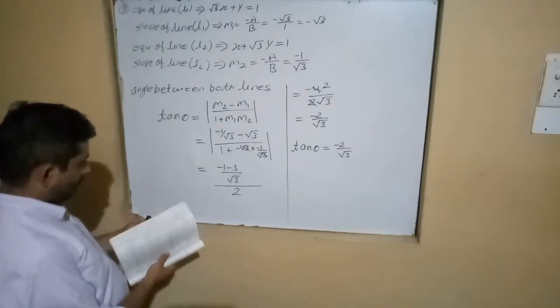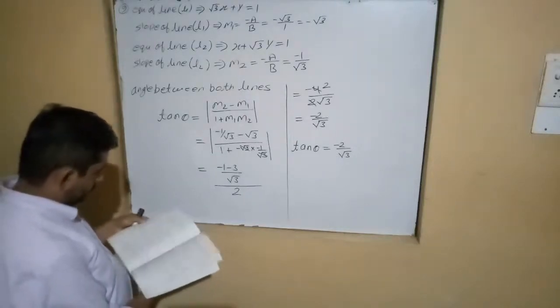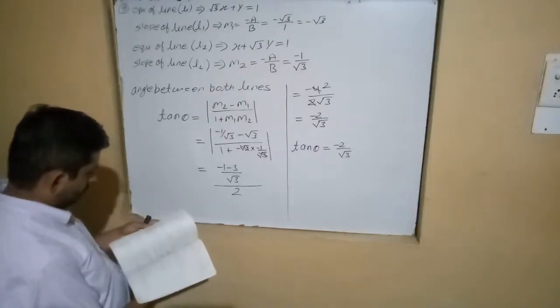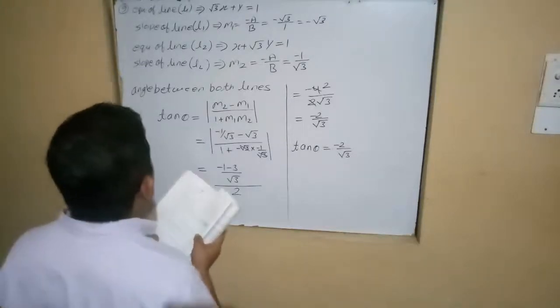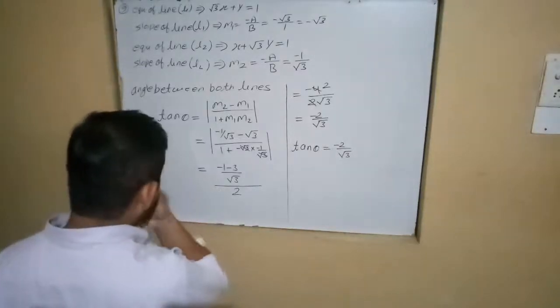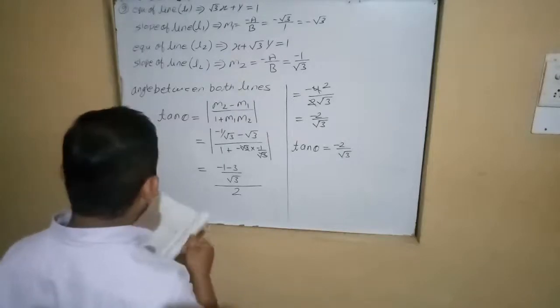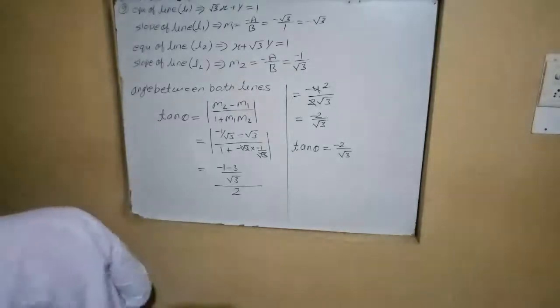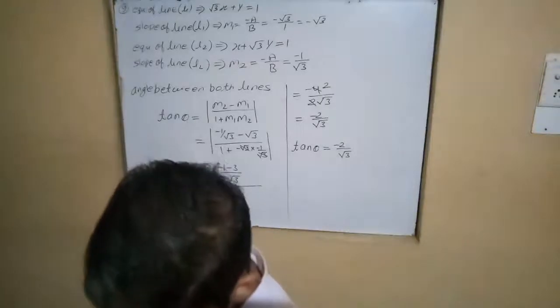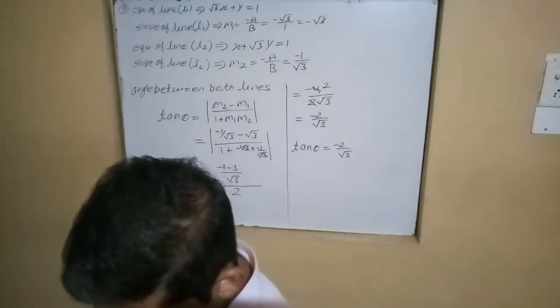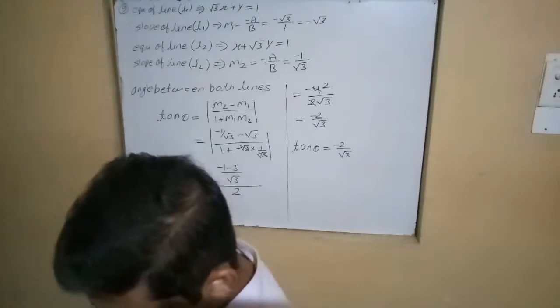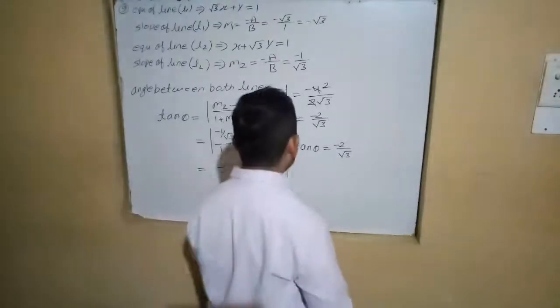Angle between the lines. There will be a small mistake here, right? m1 m2, 1 upon root 3. The value of 1 upon root 3 is equal to 30 degree.